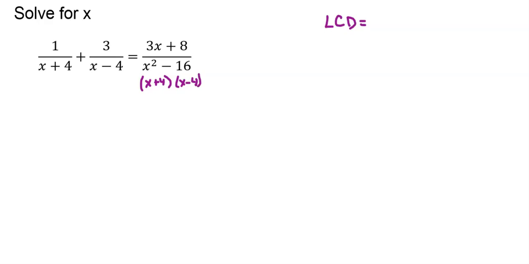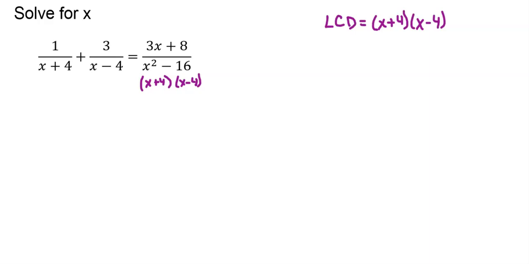Now that's helpful in finding the least common denominator, because what I can see in looking at all these fractions is that some of them anyway have a factor of x plus 4, and I also notice that there's a factor of x minus 4 in the denominators. So my least common denominator is x plus 4 times x minus 4.